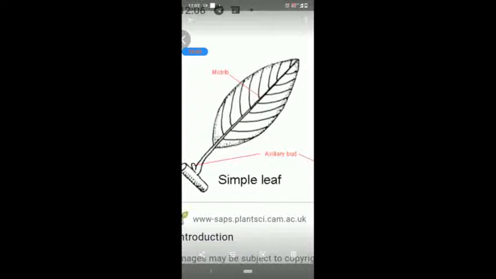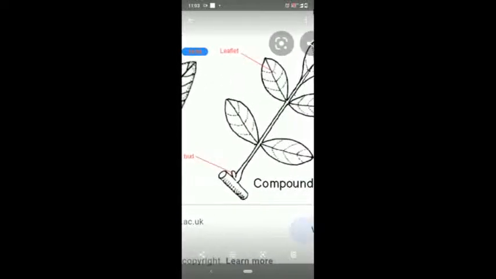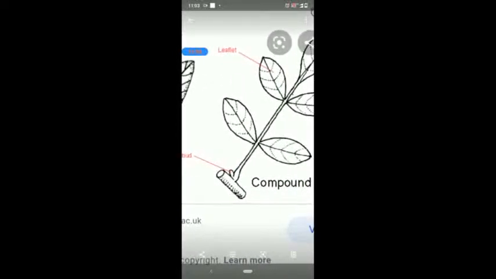But the leaf blade of leaves in some plants is divided into many small parts. These are called leaflets. See, the parts which are divided are called leaflets. Such leaves are called compound leaves. Simple leaf and compound leaf are the two main types of leaves.